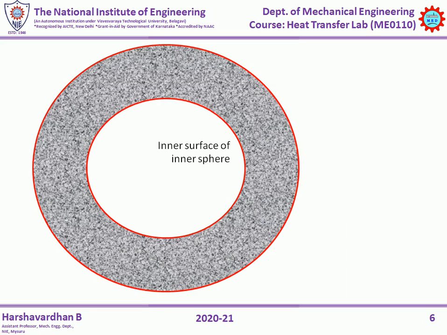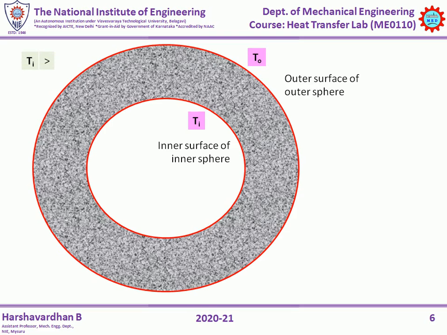So there are going to be two concentric spheres. The inner surface of the inner sphere is assumed to be at a temperature of Ti, which is the average of the first 6 thermocouple readings. Then the outer surface of the outer sphere will be at a temperature of T0, which will be equal to the average of temperatures from T7 to T12.